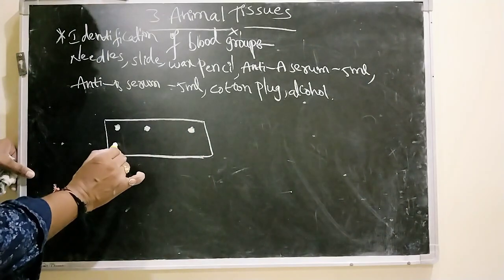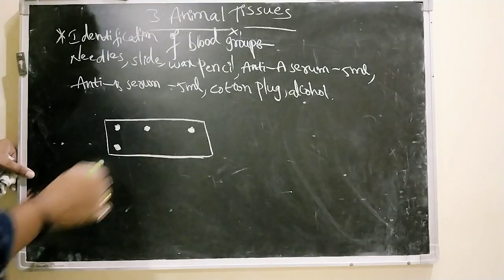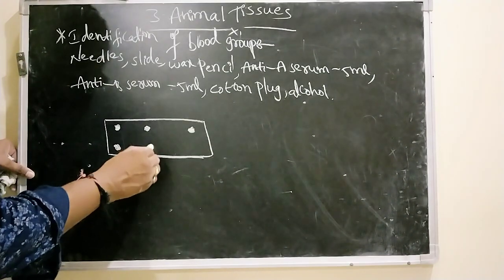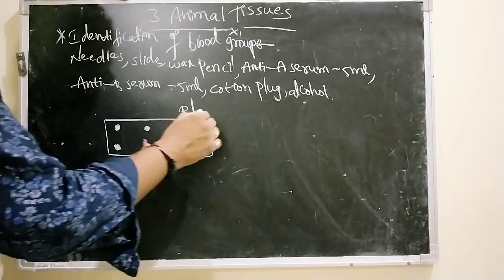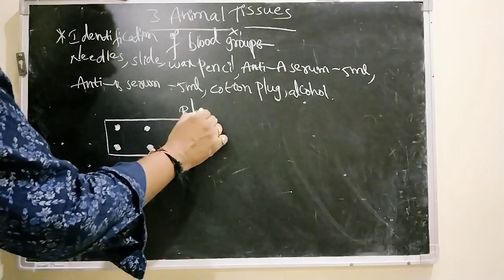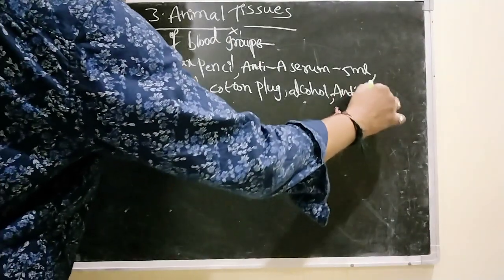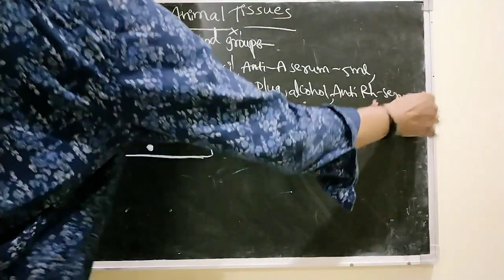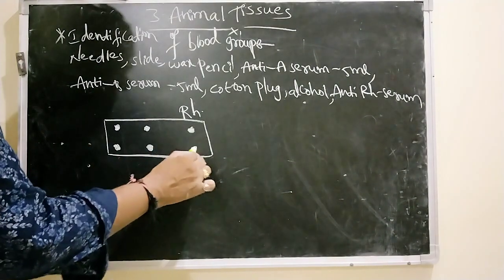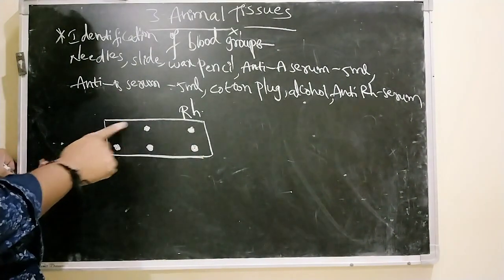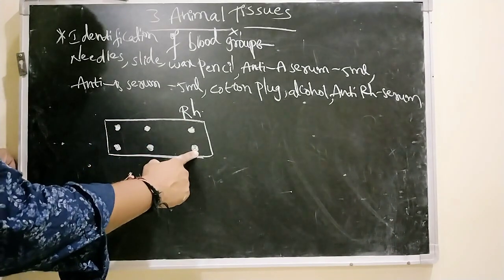Now place here anti-A serum, here anti-B serum, and here anti-RH serum. This is the blood, and these are the anti-A serum, anti-B serum, anti-RH serum.